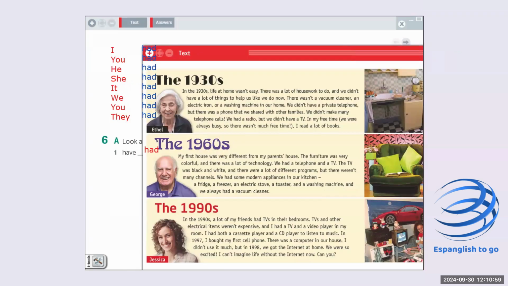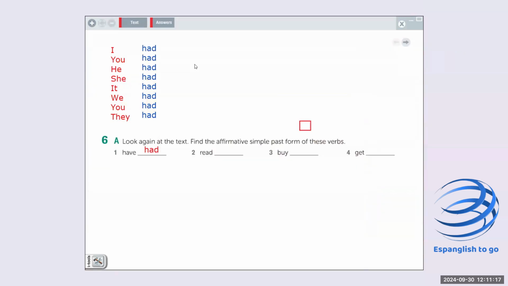Pay attention. This is the past of read. In English, we have the same spelling, but the pronunciation is different.